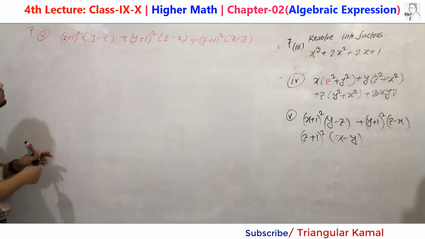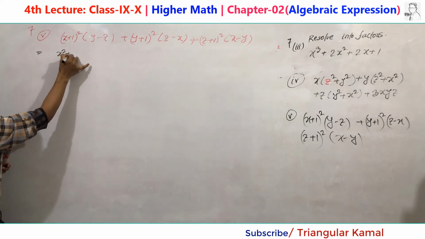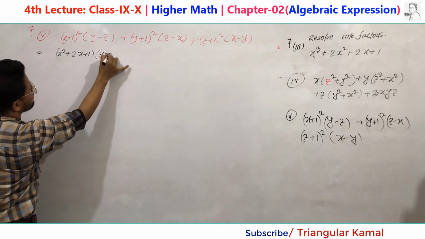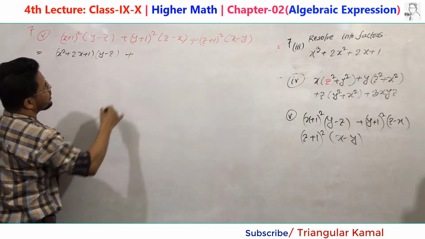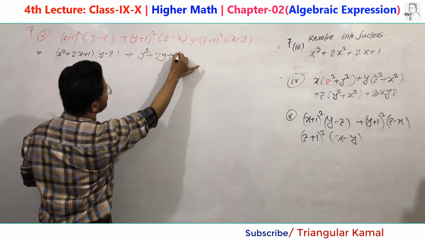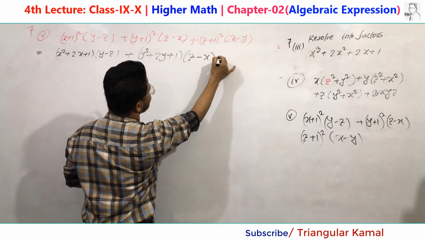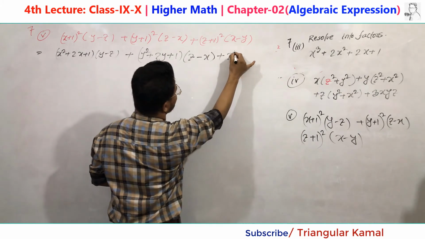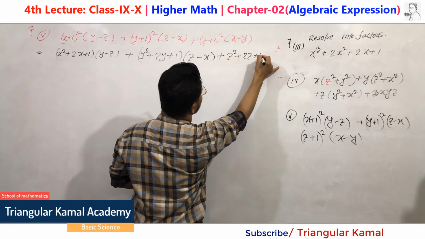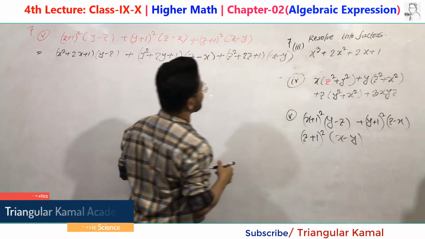Okay, right here the formula of a plus b whole square: x square plus twice x plus 1 multiply with y minus z. Again, y square plus twice y plus 1 multiply with z minus x. And then z square plus twice z plus 1 multiply with x minus y.